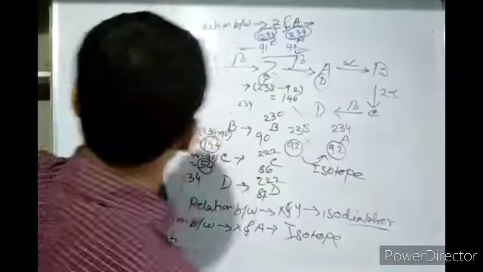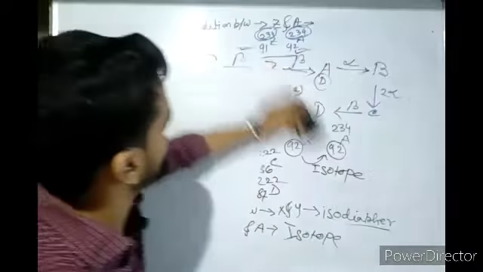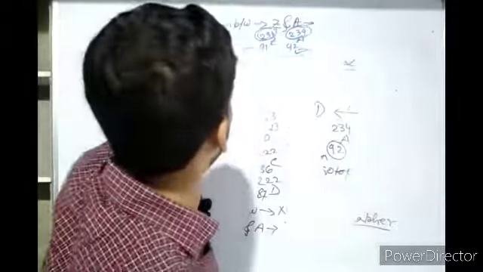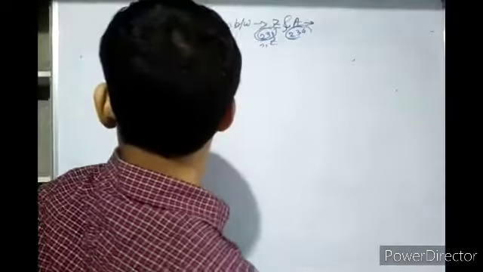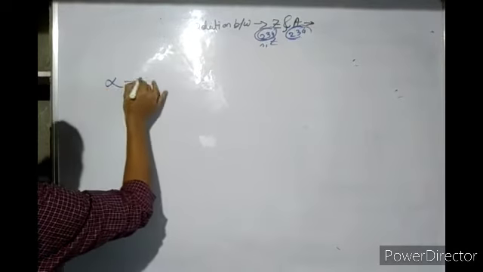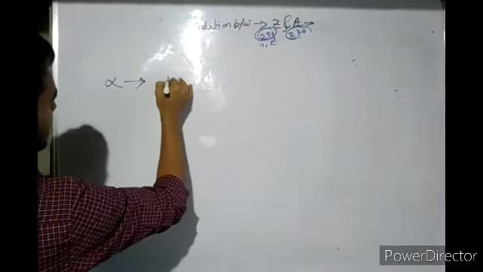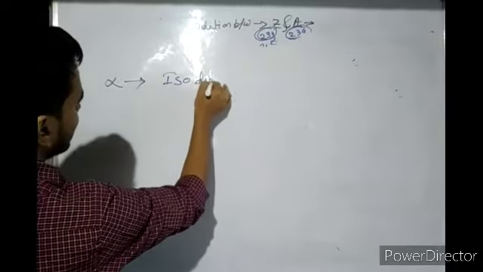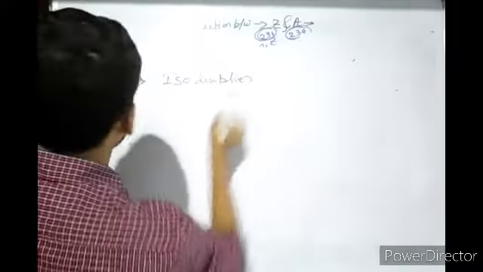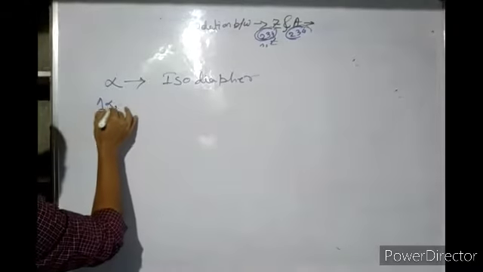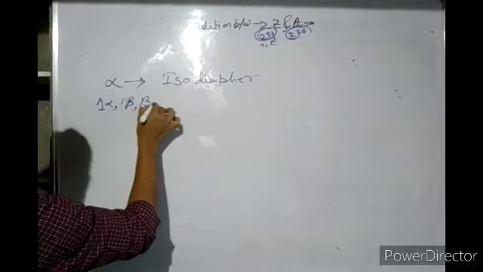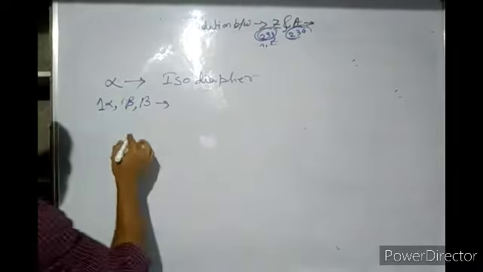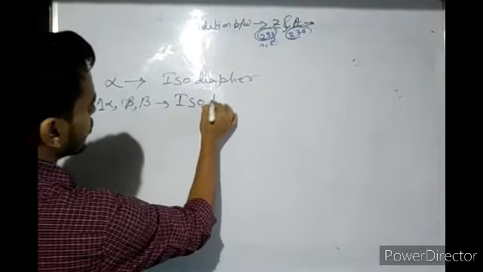Now, alpha particle emits, become isodiapher. One alpha and two beta particles emit, become isotope.